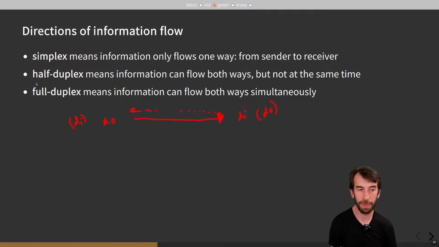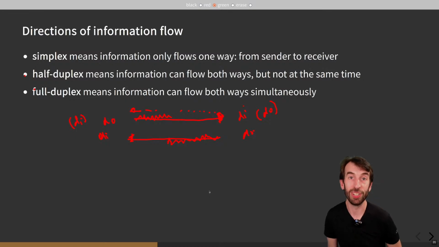That would work for half duplex. For full duplex, we could have two lines, so that the data in is down here, data out's there. So whenever data is being sent on this line, it can also be sent on this line simultaneously. So if our hardware supports that many connections, which it often does, then we can have duplex flow both ways simultaneously.